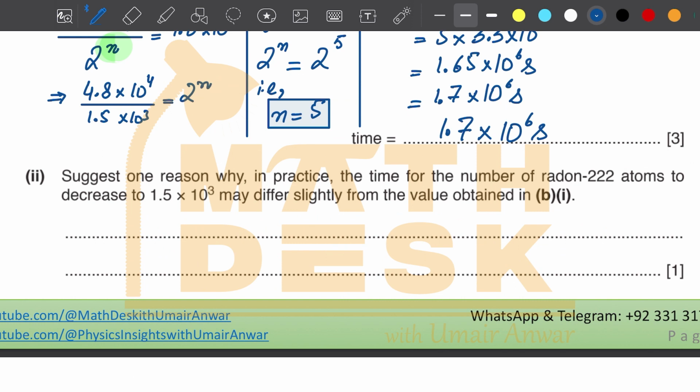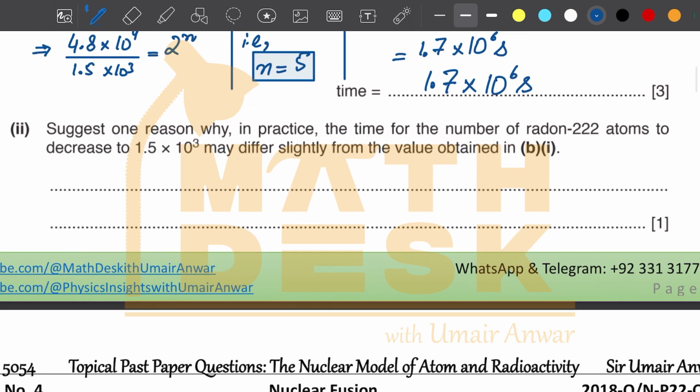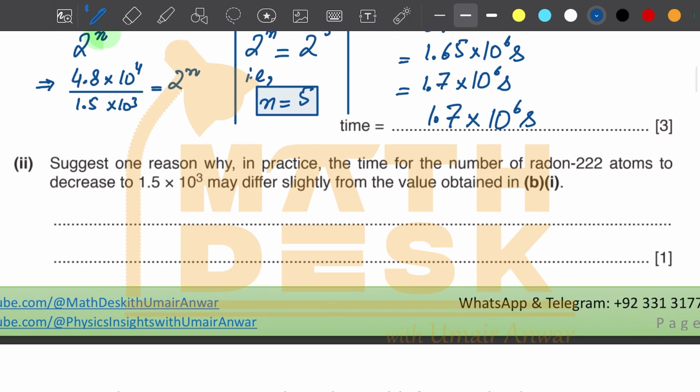Okay, in the last part, the question says suggest one reason why in practice the time for the number of radon 222 atoms to decrease to this number may differ slightly from the value obtained in the previous part, which is part B1. Now, the reason for the slight difference is that radioactive emission is a random process.